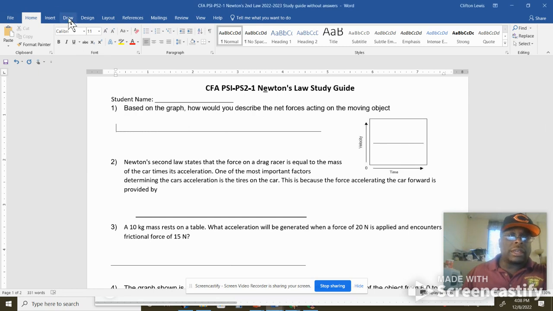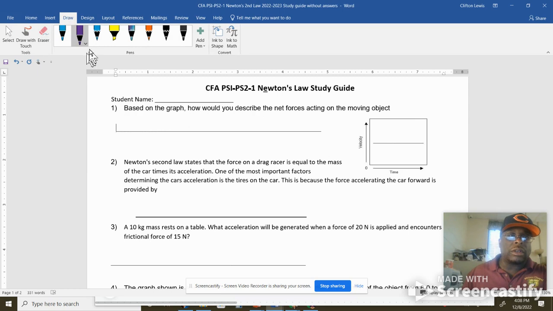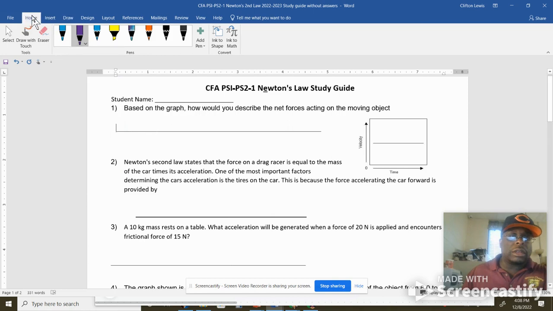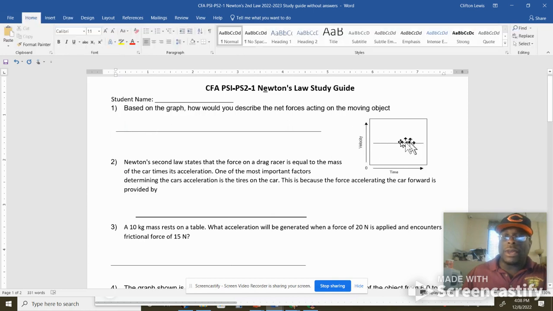Let me see if I get my draw tools right here. All right. So the moving object is going in the flat line, no outside forces. This is an acceleration graph, so it's velocity divided by time.